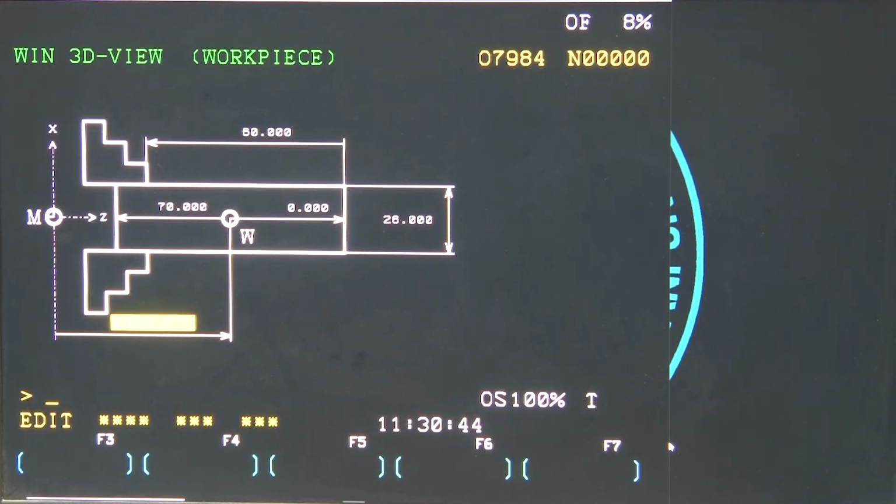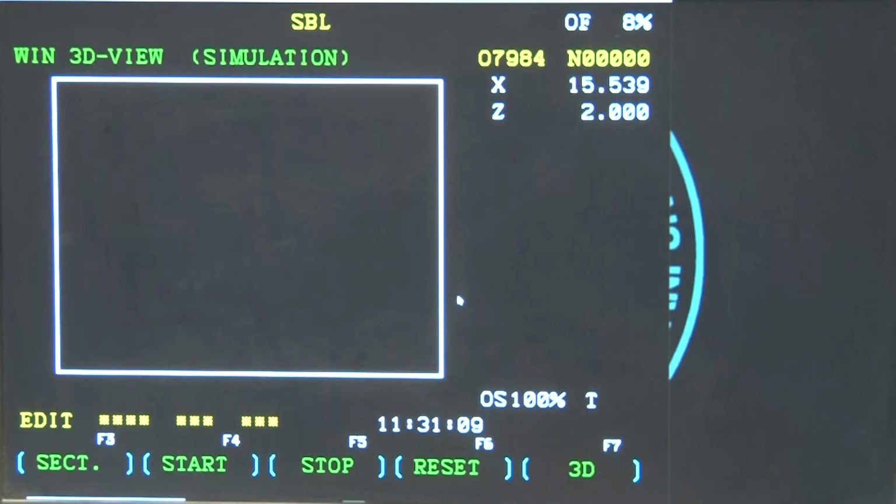This shows that the blank is mounted in the 3-jaw chuck, and you can see the dimensions: the diameter of the blank is 26 millimeter, 70 millimeter is the length, and so on. So, now the machining will start.